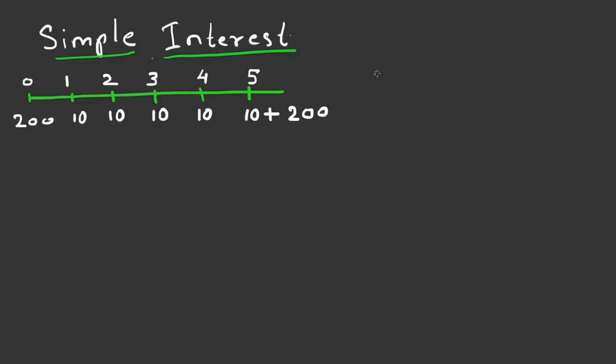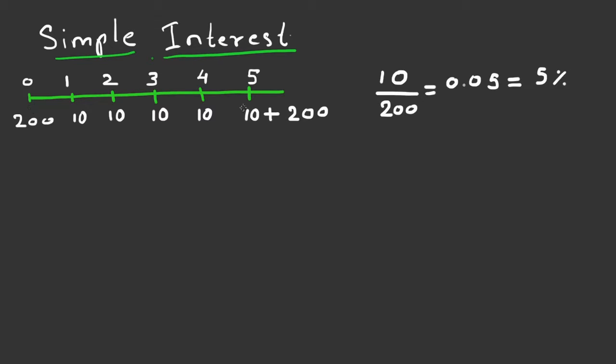We know how to calculate the interest rate, that is interest for one period divided by principal, that is equal to 0.05, that is 5%.